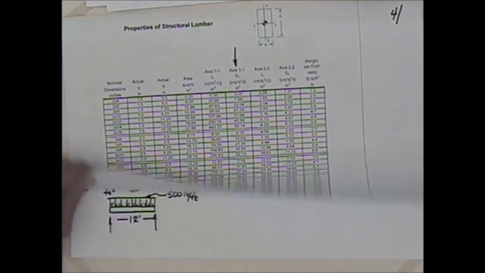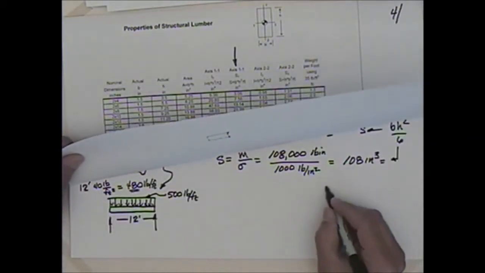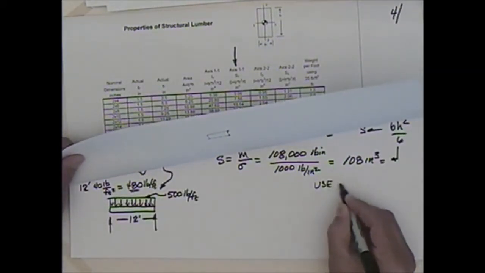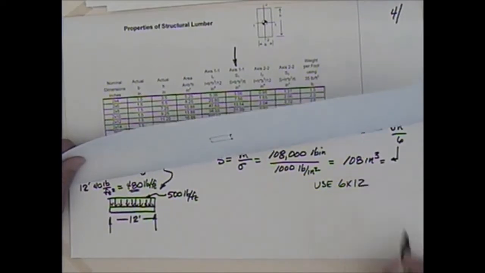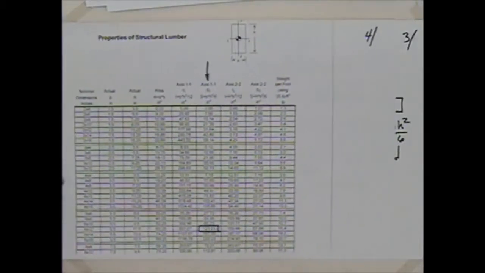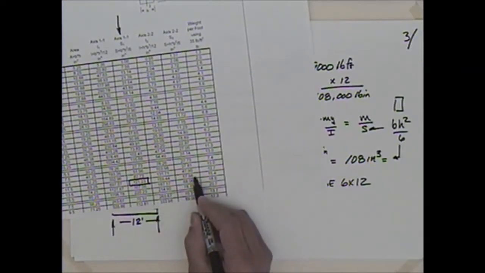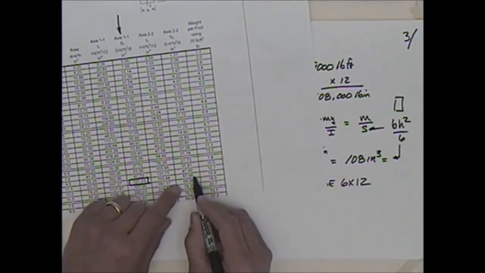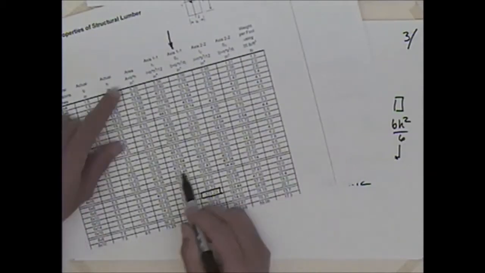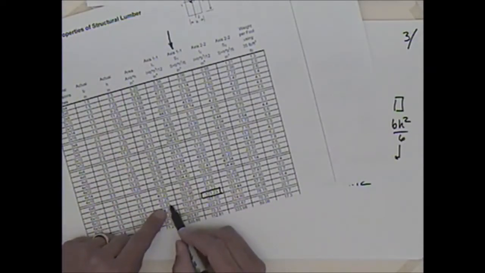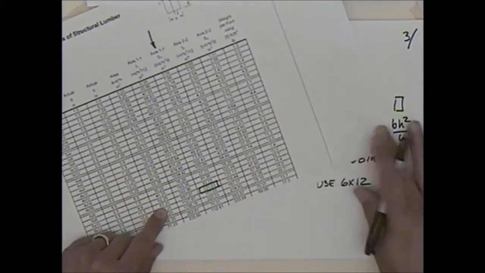Okay. So I could say use 6x12. And let me look at a few things about this. What is the area on this? The area turns out to be 63.25.